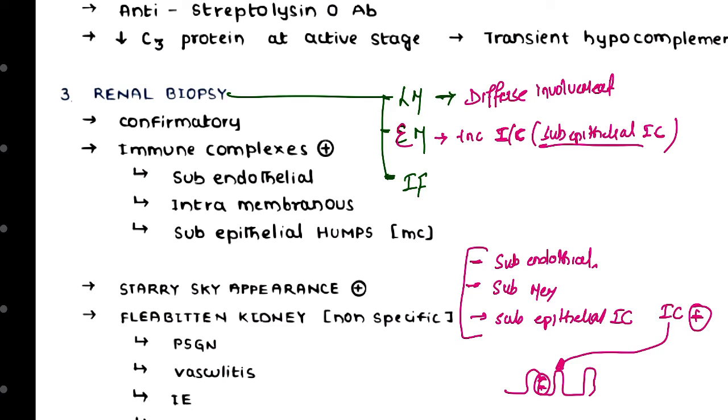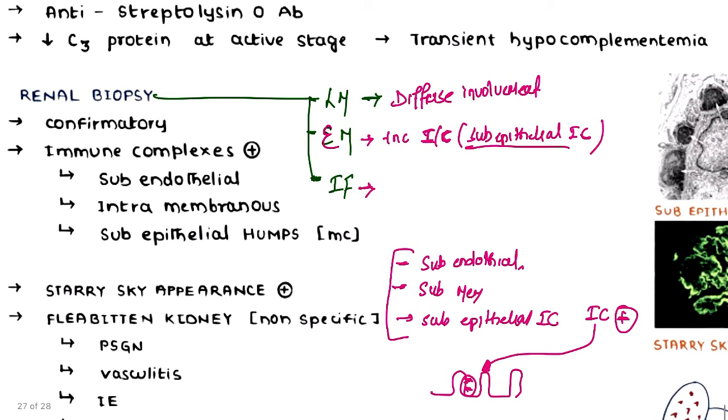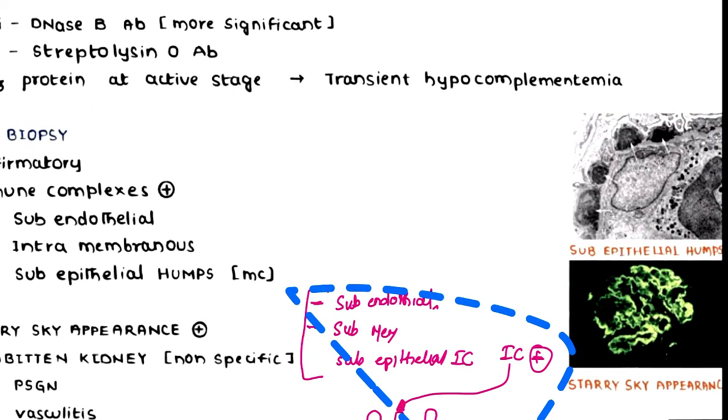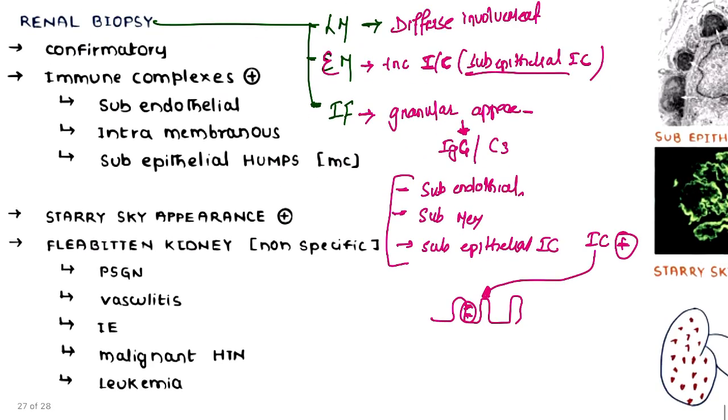Now in immunofluorescence, the thing that we will find is a granular appearance. This granular appearance is because of deposition of IgG antibody and also C3 protein.